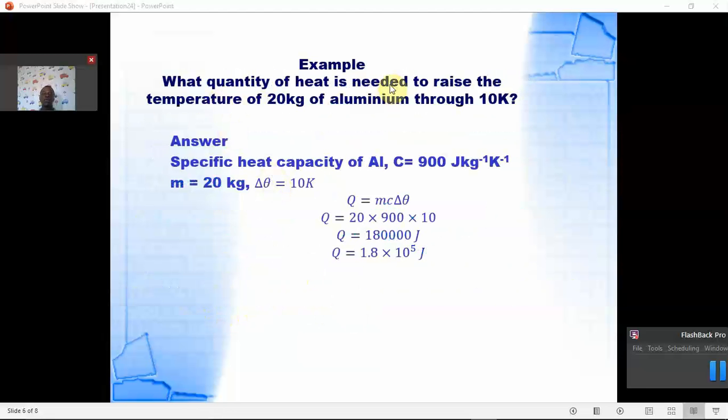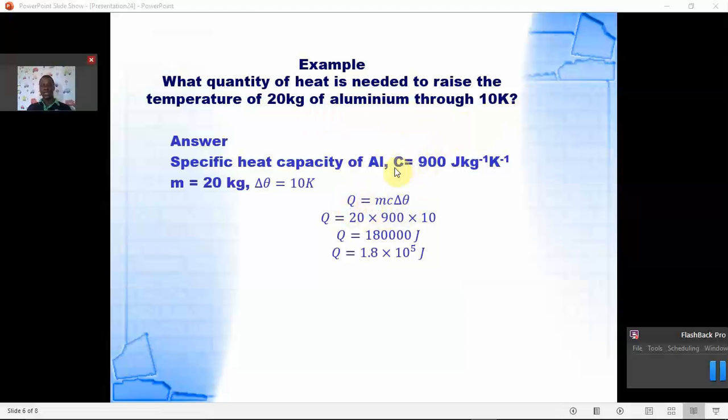What quantity of heat is needed to raise the temperature of 20 kg of aluminum through 10 Kelvin? Of course, we know that our formula for quantity of heat is mc times change in temperature. The change in temperature here is 10 Kelvin.